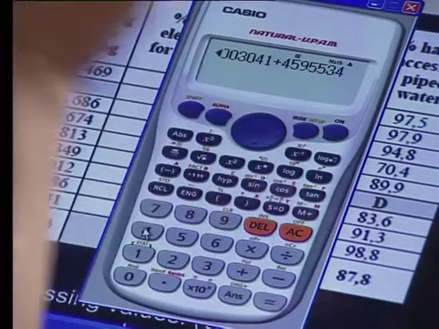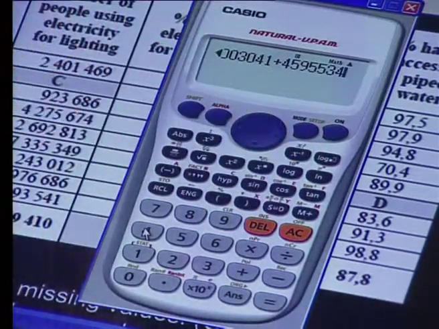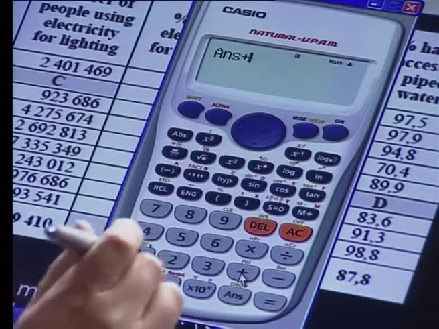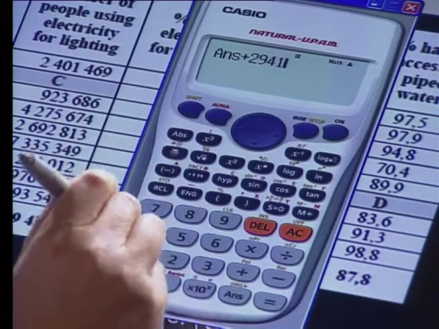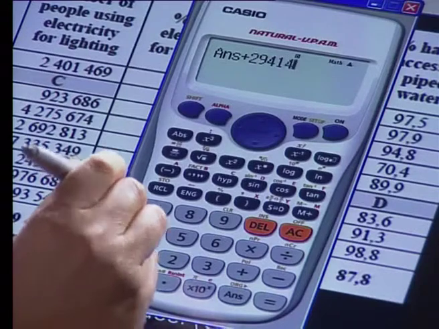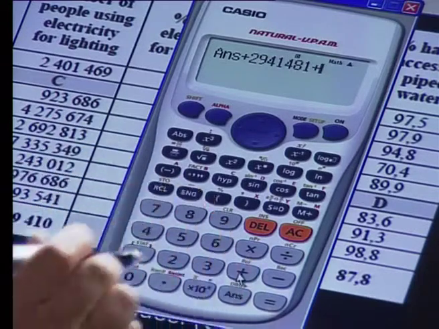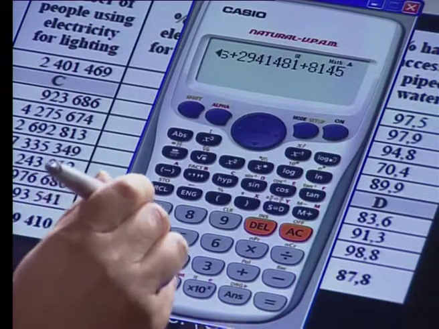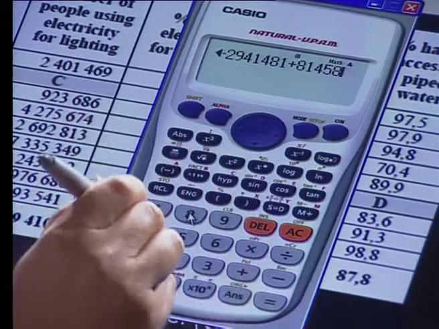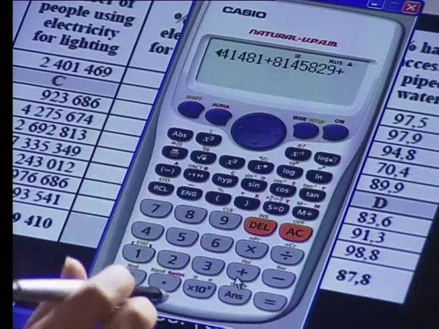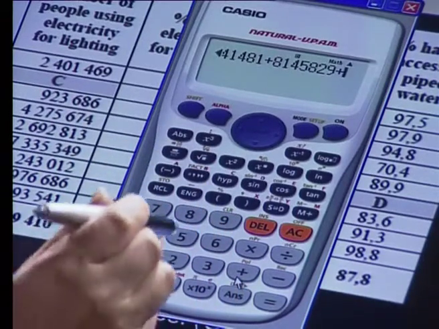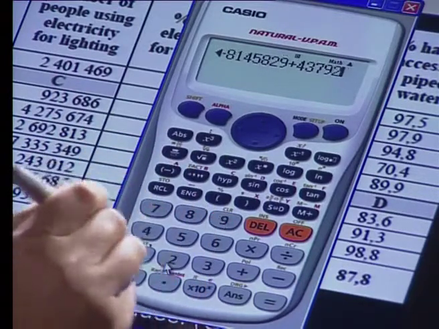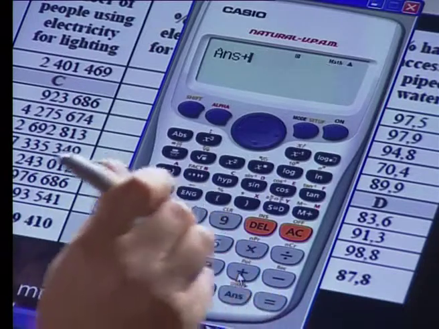I'm going to press equals just in case my calculator starts hassling with all these big numbers. I'm going to press equals and add some more. So I've now got 2,941,481 plus 8,145,829. That's not an 8. 829 plus 4,379,207. Press equals again and add it again.